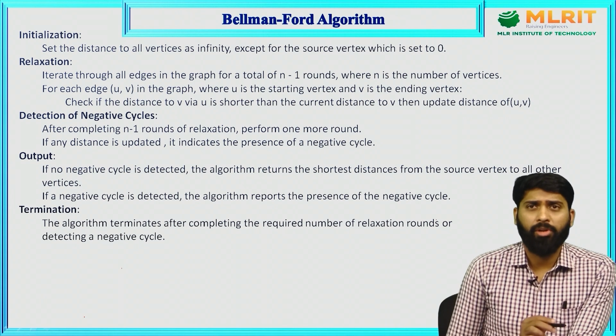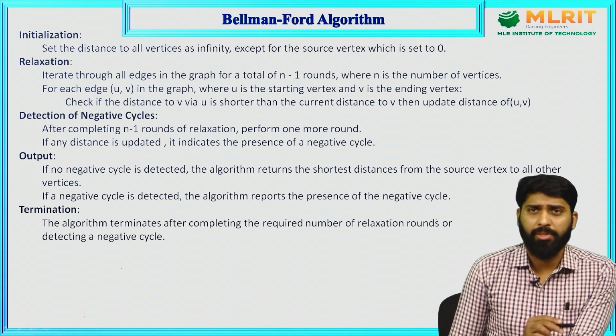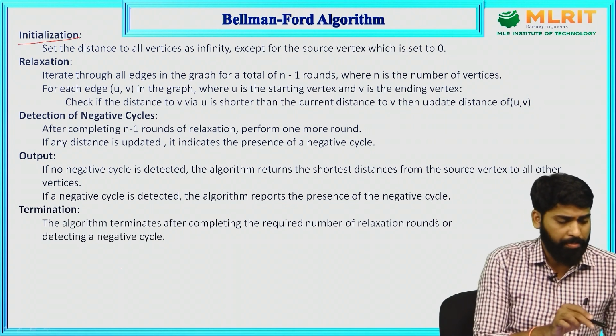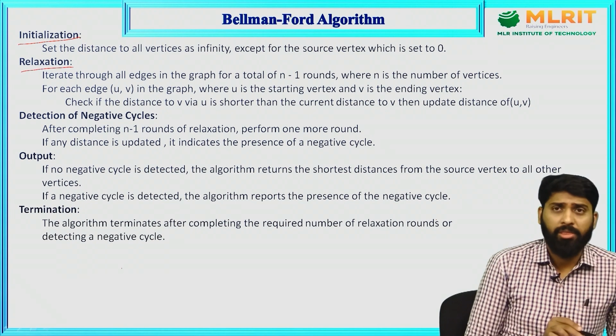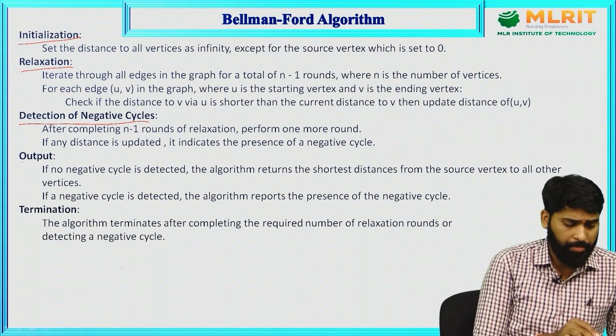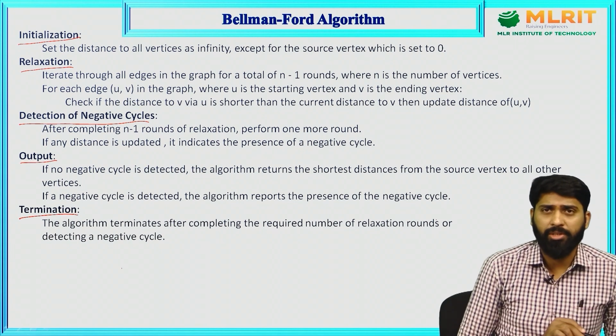In the Bellman-Ford algorithm, we have 5 steps. First step is initialization. Second step is relaxation. Third step is detection of negative cycles. Fourth step is output, and fifth step is termination.